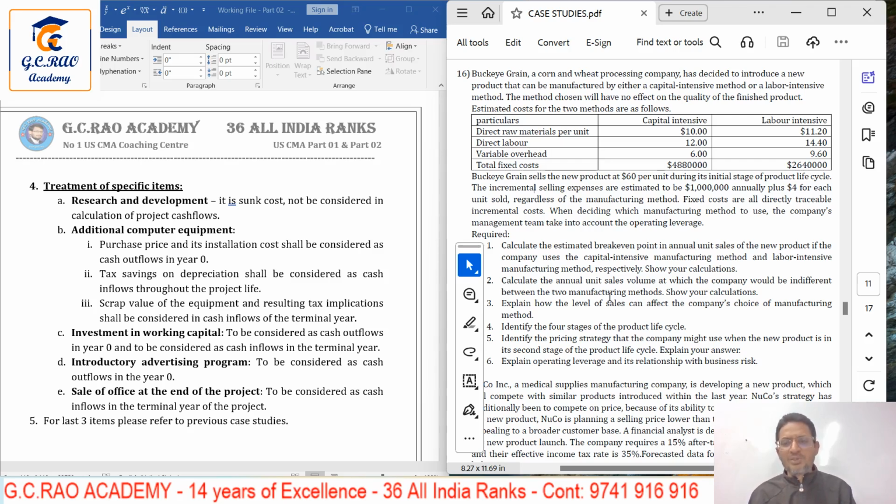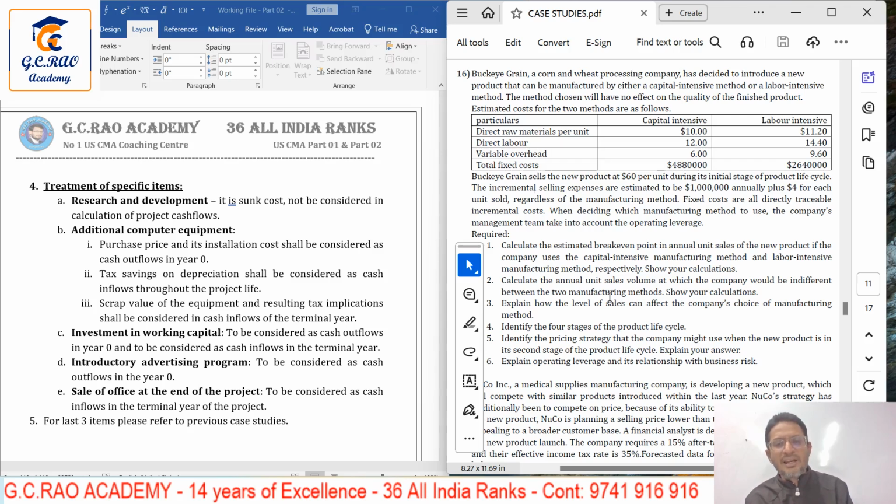Direct raw material cost per unit is given, direct labor, variable overhead, total fixed cost also given. BG sells the new product at 60 per unit. 60 is the selling price per unit. During the initial phase of the product life cycle, incremental selling expenses are estimated to be 10 lakh annually plus 4 per each unit sold. 10 lakh is fixed, 4 per unit is variable, regardless of the manufacturing method.